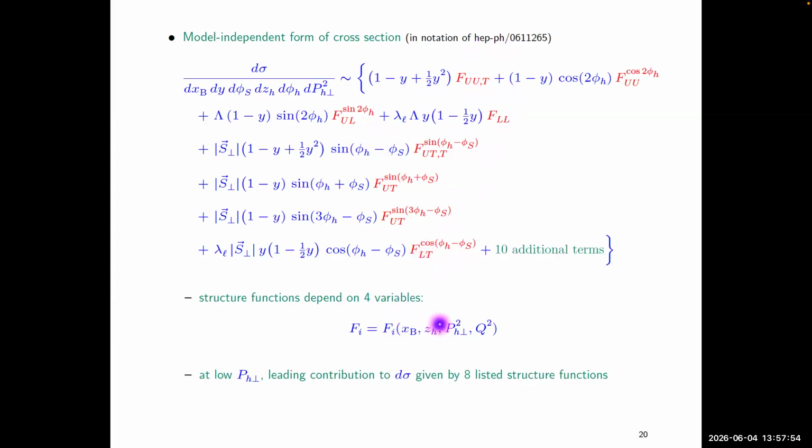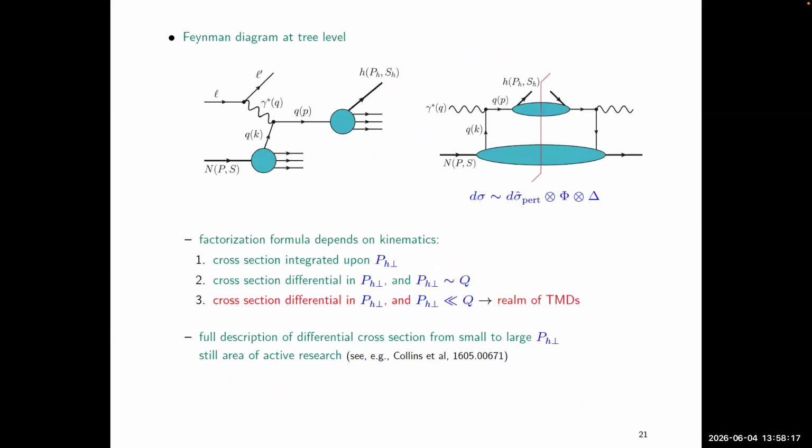Each of them depends on 4 variables: xB, zH, the transverse hadron momentum, and Q squared. If we are interested in the cross-section as a function of the transverse momentum of the hadron for low transverse momenta, it is exactly these 8 here which give the dominant contribution. I will come back to them in a moment.